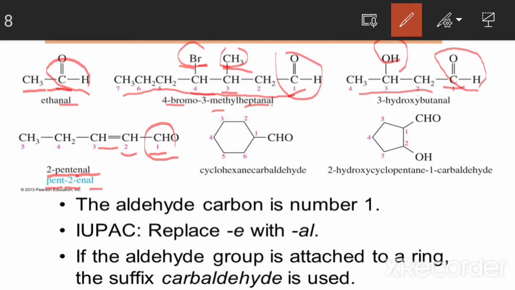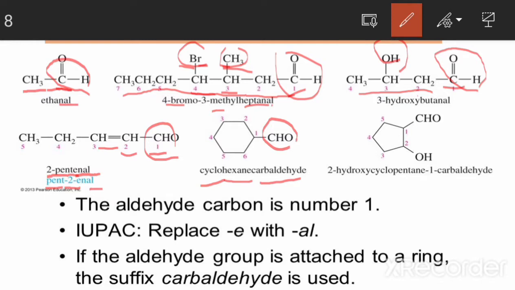As you can see, there are two compounds that have a ring structure and aldehyde group attached on it. So it will be named as cyclo because it is a ring compound, cyclohexane, because the ring consists of 6 carbon atoms, and carbaldehyde for the aldehyde that is attached with the ring compound.